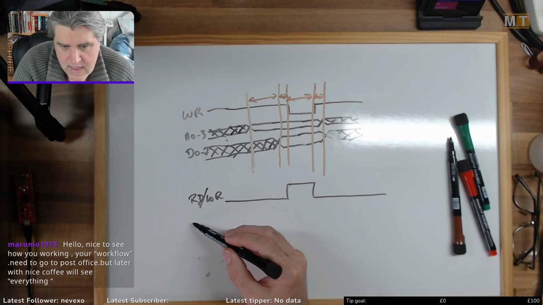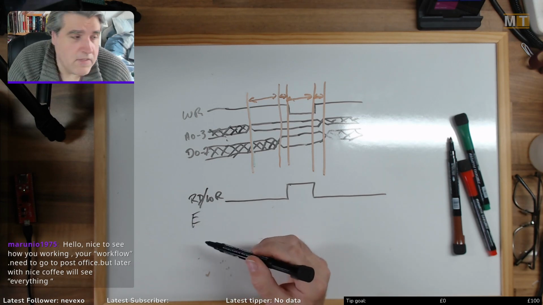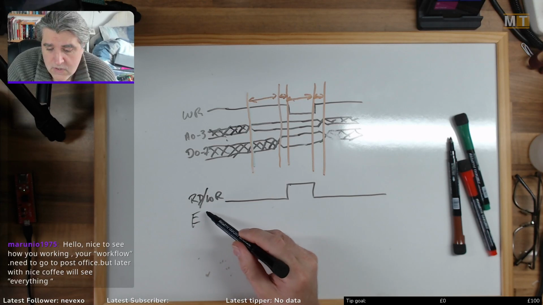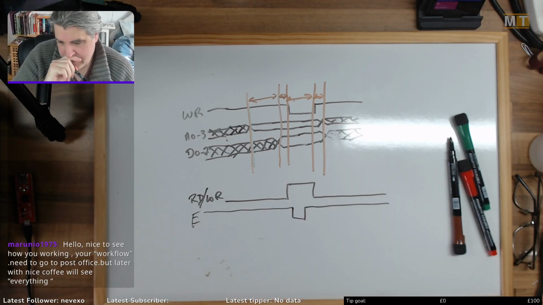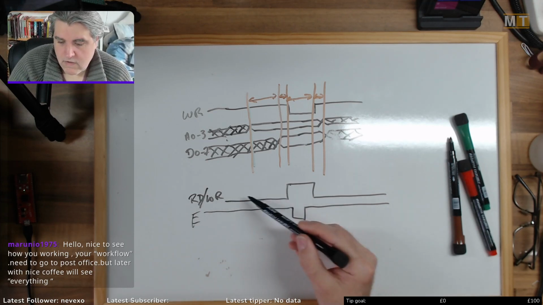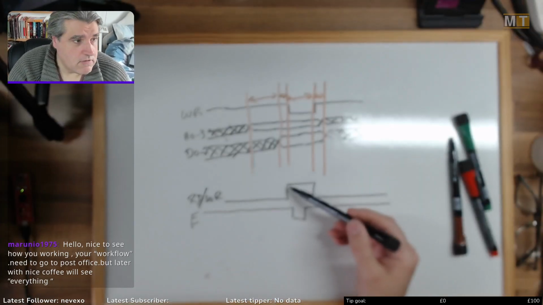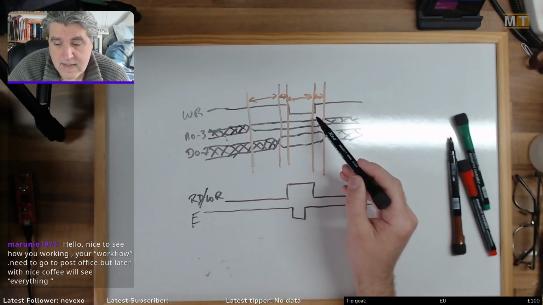I'll just call it E on this. On LCD screens, it's often called E, where you would have an extra signal. So you've got one signal which says whether it's a read or a write, and then one signal that says do the operation, as opposed to one signal that says do a write.